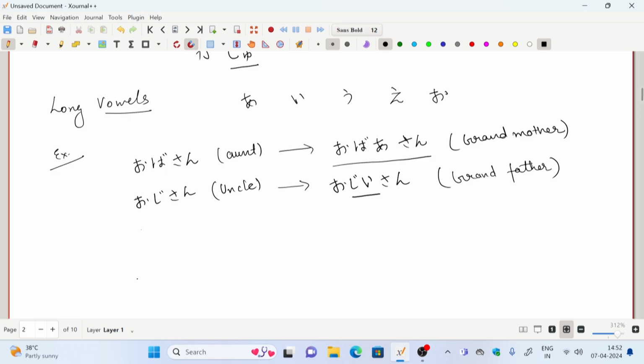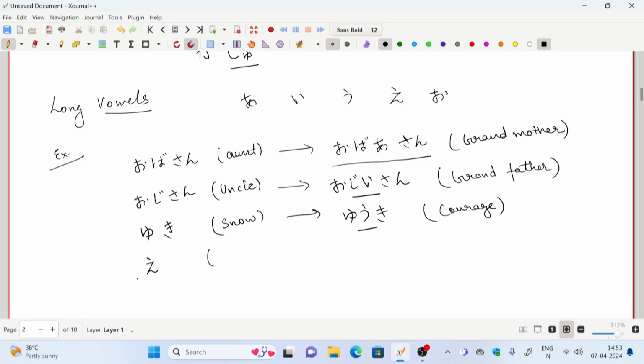Next, yuki. Yuki is for snow. If we stretch it like yu, ki, yuuki. Yuuki is courage. So u is getting stretched with u sound. Next is a.